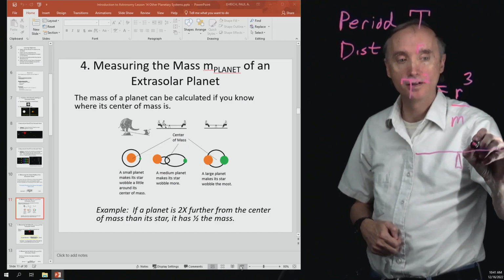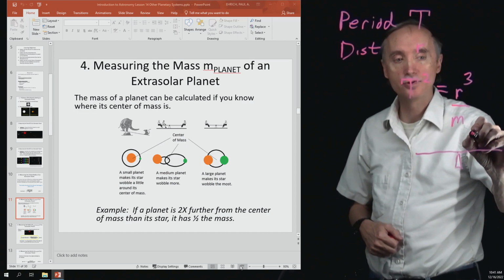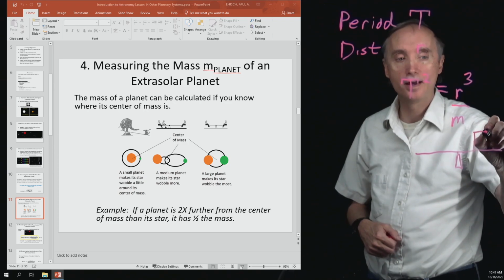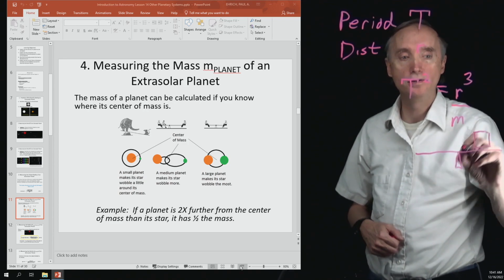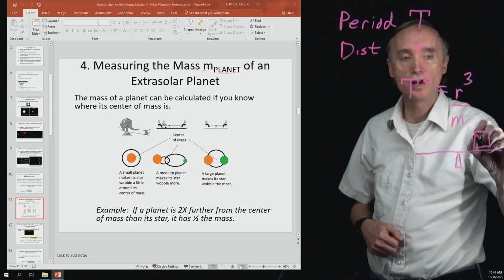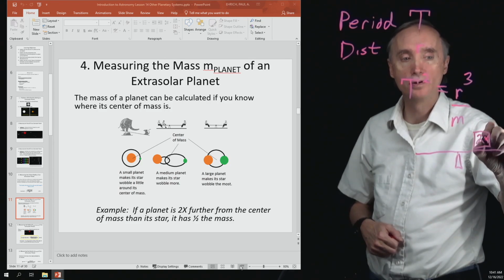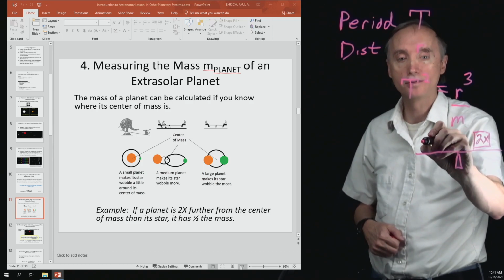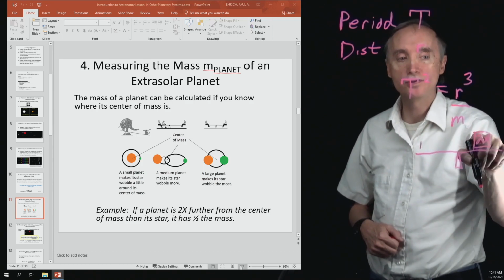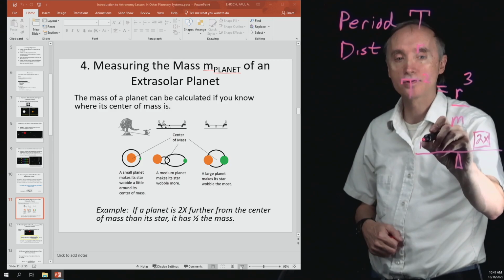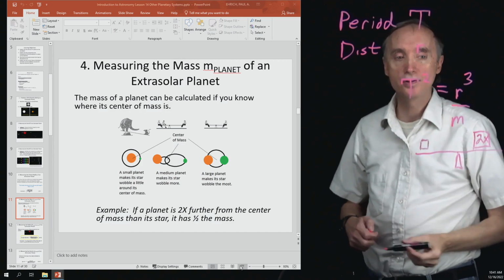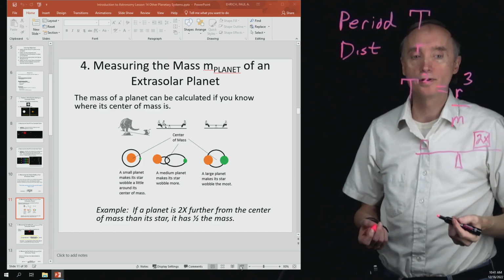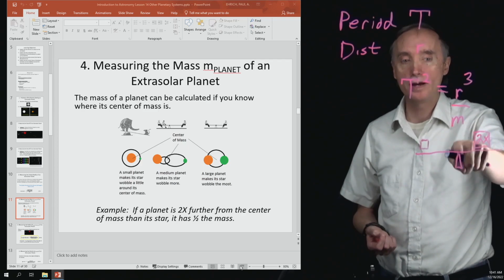And then again, let's pretend that you've got an object over here that is going to be 2 times bigger than this object, a little thing out here. So this one's going to be 2 times the mass of this little box over here. So the question is, where should you put the box in order to keep it balanced?